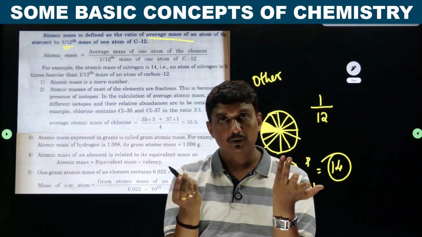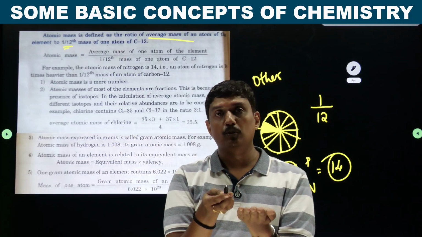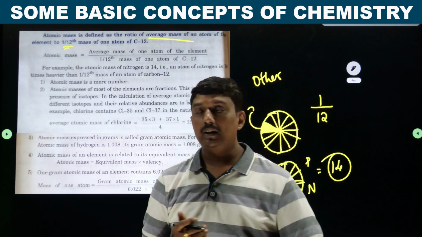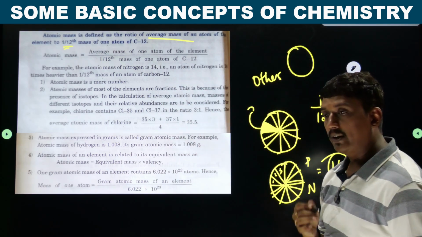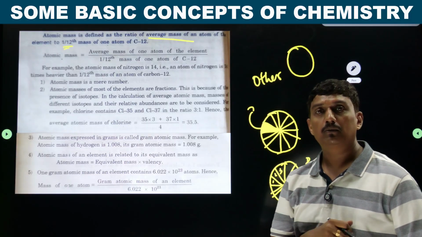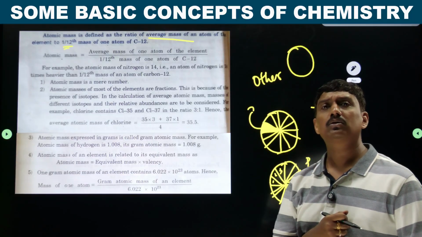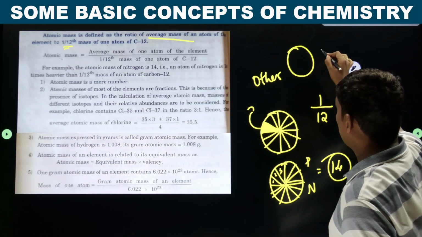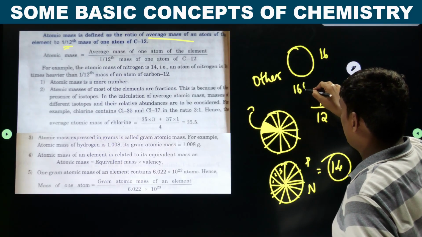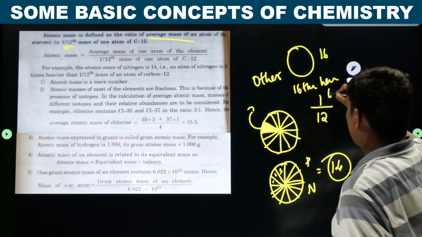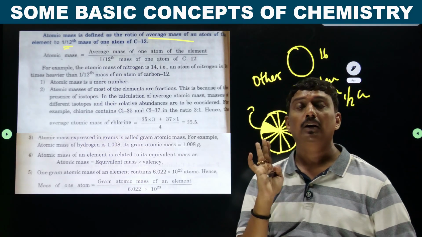The actual mass we don't know. You are comparing with a standard, so it is considered relative. If I take the oxygen atom, what is its mass number? It is 16. So 16 implies it is 16 times heavier than 1/12th mass of carbon-12 isotope.